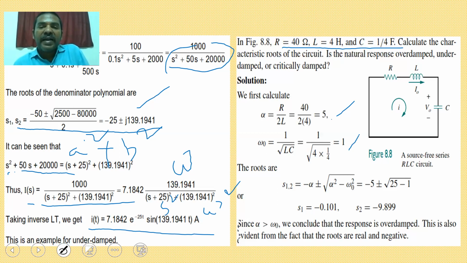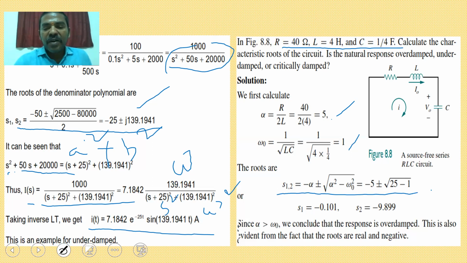Now the characteristic equation, which I have represented in the theory. The roots of the equation you can get as −R/2L ± √((R/2L)² − 1/LC). If you substitute those values, −5 ± √(25 − 1).